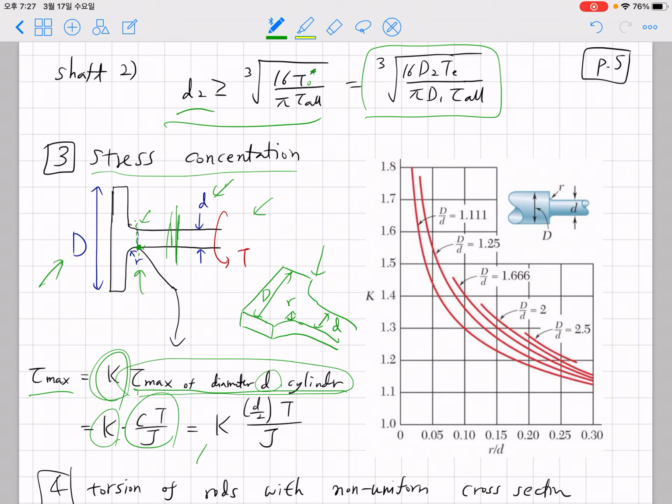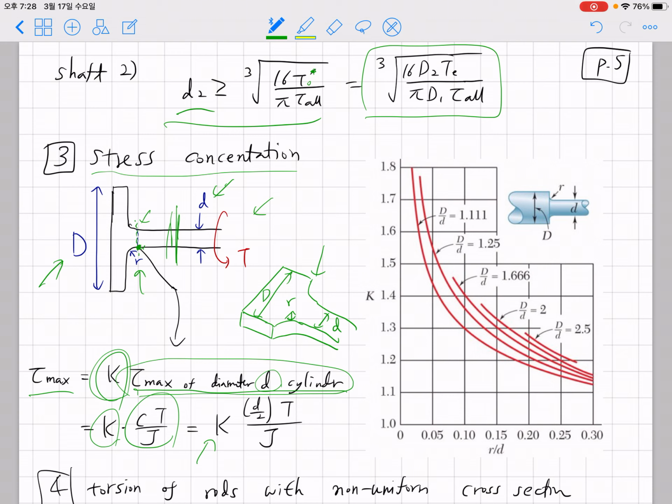And how do we obtain the K? Of course, for a simple geometry, we can obtain this from an analytical solution. For various ratios of large D and small d and small r, we can use computer simulation to obtain the stress concentration factor K. And actually we can find the table in our textbook.